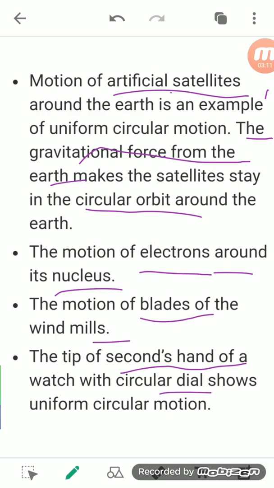The speed of the tip is constant, but velocity is not constant, because the direction of motion of the tip is continuously changing along the watch. Thus the motion of the tip of the second hand is accelerated.